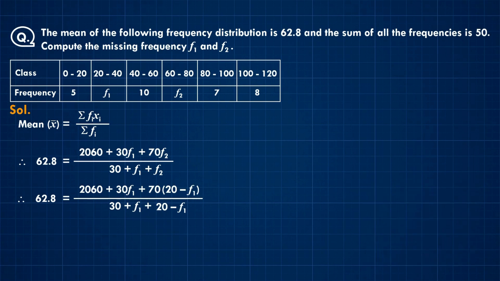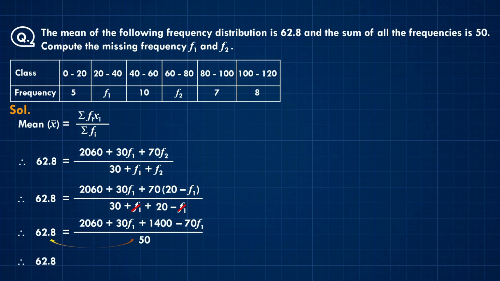Now just calculate it. So it will be 1400 minus 70 f1 divided by, in the denominator f1 and f1 will be cancelled out, so we are getting 50 over here. Now do the cross multiplication.